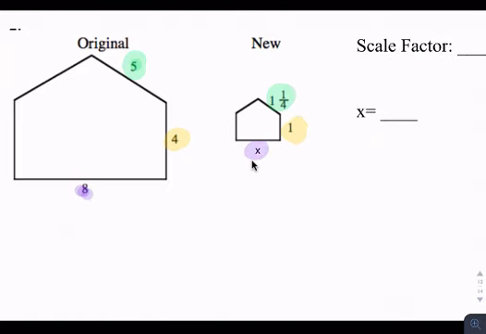I do notice right now that I have x as the base of the new shape. So I'm going to have to solve for that, but first I need to find the scale factor.